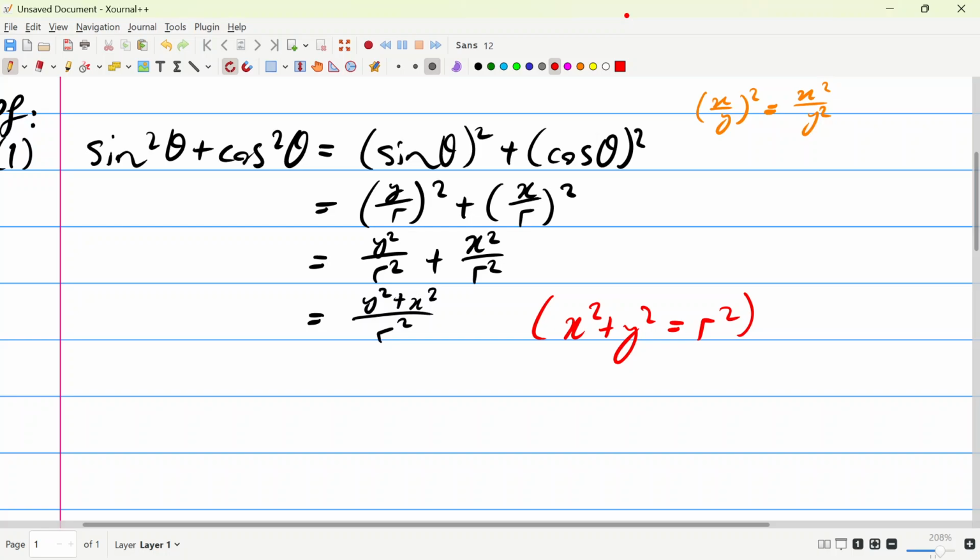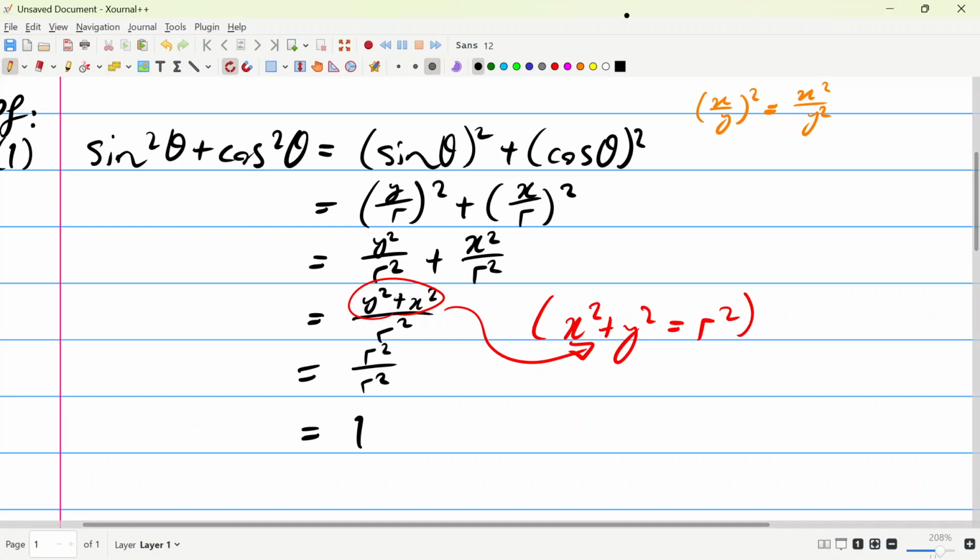That is the equation of a circle, or in your case when you're learning, the Pythagorean theorem. And y squared plus x squared is exactly the same as this, or x squared plus y squared because they're commutative, equal to r squared. So we replace it with r squared, so it's r squared divided by r squared, which is 1.